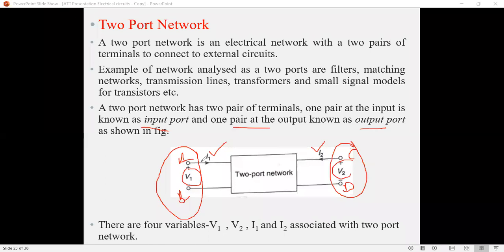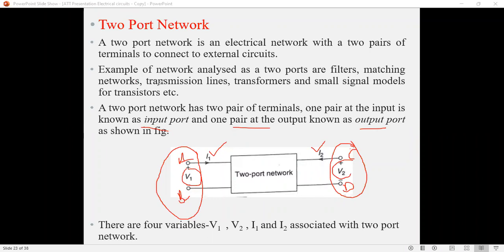Now depending upon these variables, 2 variables are dependent and 2 variables are independent.